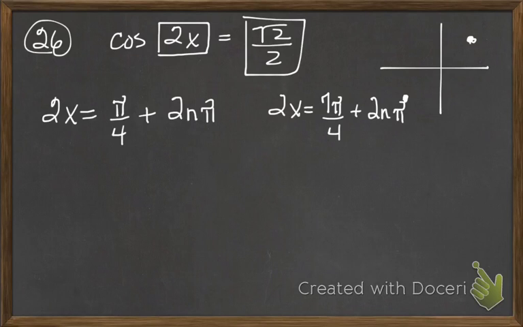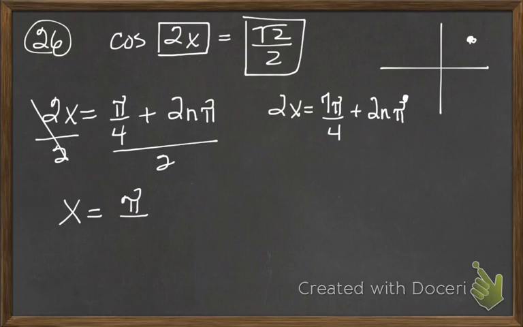So we got to solve for x. So on the left hand and the right hand side, we got to divide everything by 2. And what's pi over 4 divided by 2? Pi over 8. Right? Pi over 4 divided by 2 is pi over 8. 2n pi divided by 2, the 2's will cancel, and you'll just get n pi.